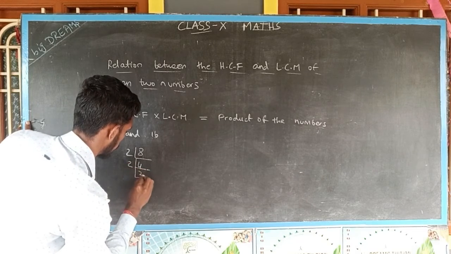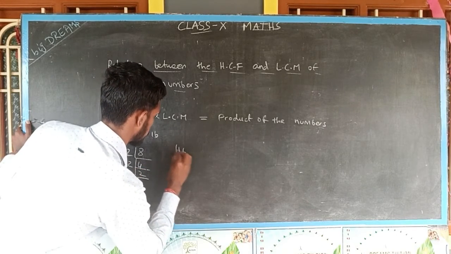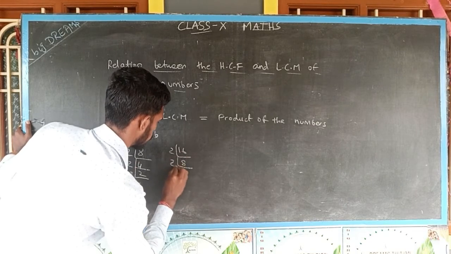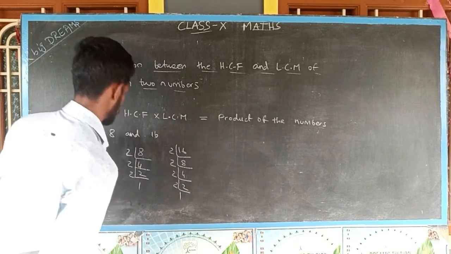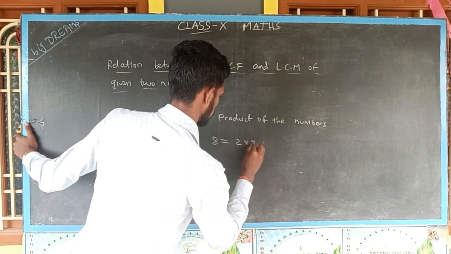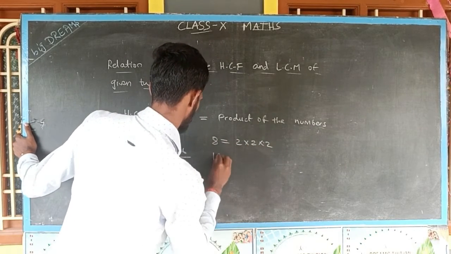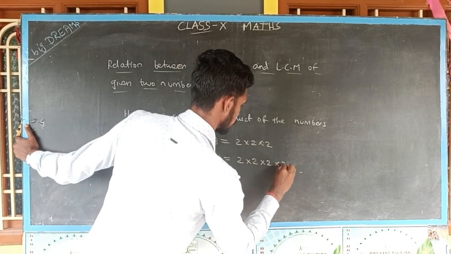8 by 2 is 4, then by 2 is 2, 2 by 2 is 1. Then 16, by 2 is 8, by 2 is 4, by 2 is 2, by 2 is 1. So 8 is equal to 2 into 2 into 2, and 16 is equal to 2 into 2 into 2 into 2.